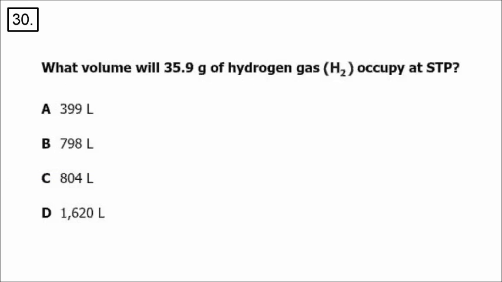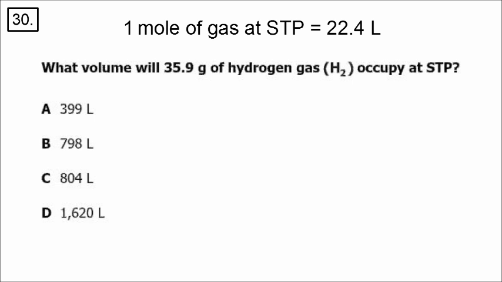All right, this question asks, what volume will 35.9 grams of hydrogen gas occupy at STP? Recall that STP stands for standard temperature and pressure, and you should know for the SOL tests that 1 mole of any gas at STP has a volume of 22.4 liters. So we can calculate the volume in 2 steps.